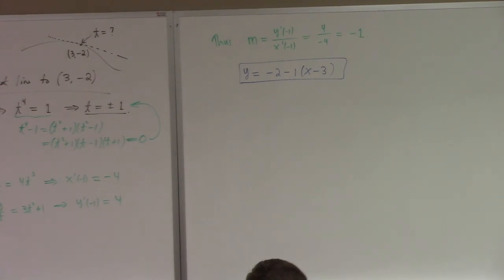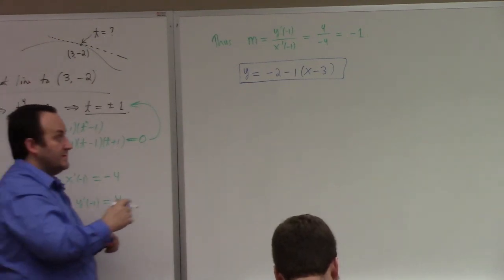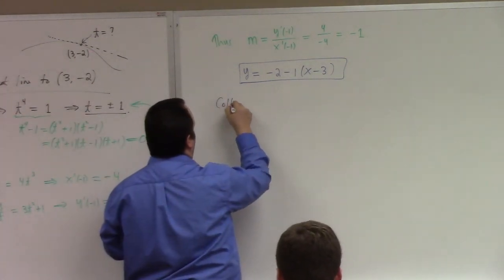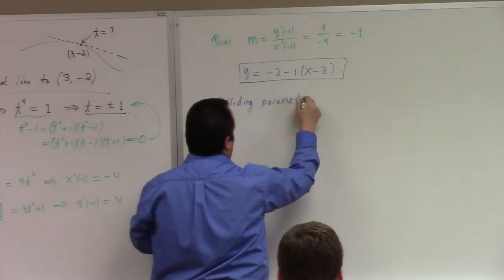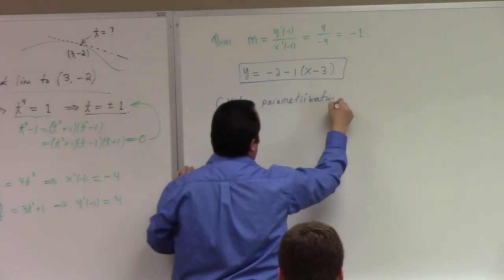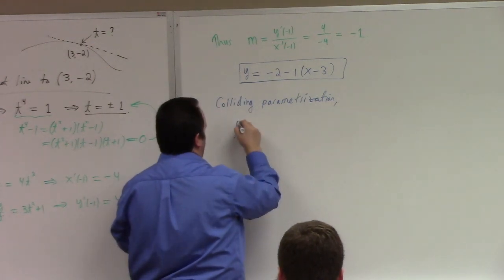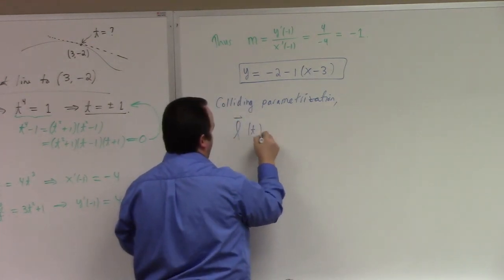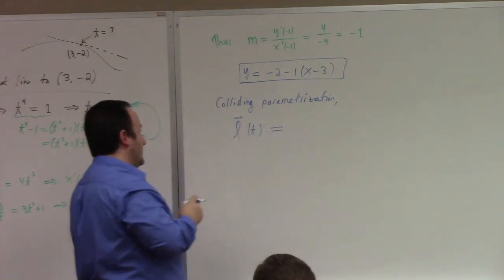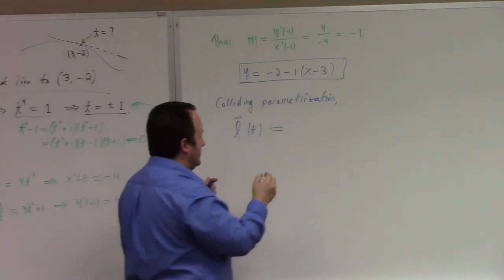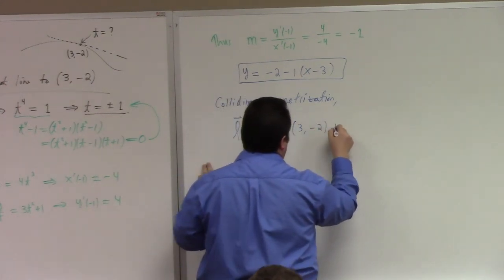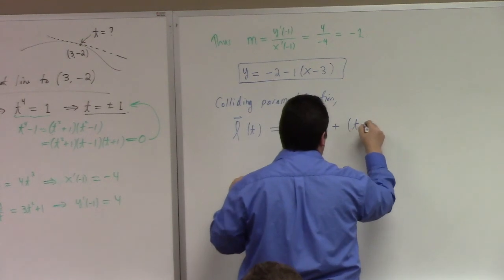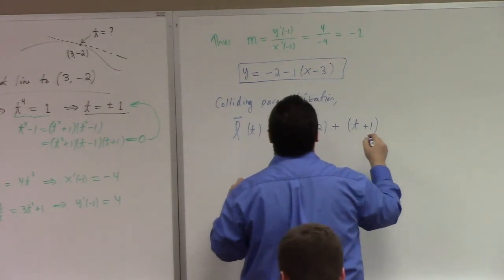Now, what if we wanted the vector parameterization of the tangent line? How would we do that? We say L of t equals, what we do is we take the point, which in this case was 3 comma minus 2, plus t plus 1 times the direction vector.